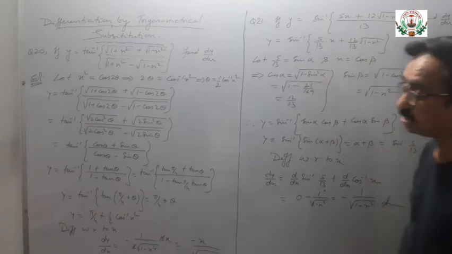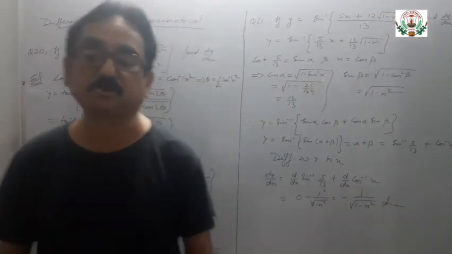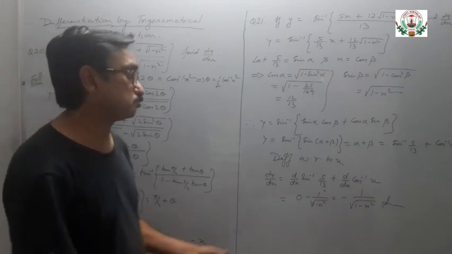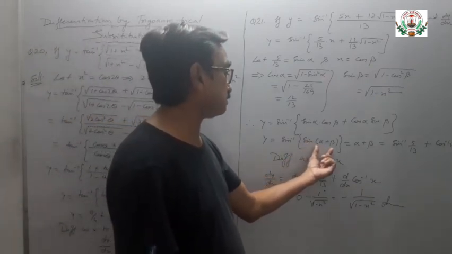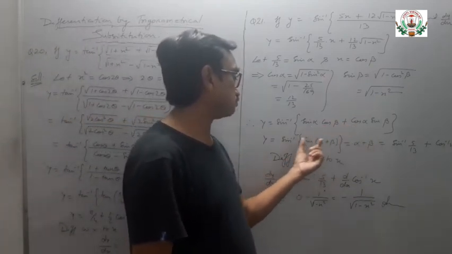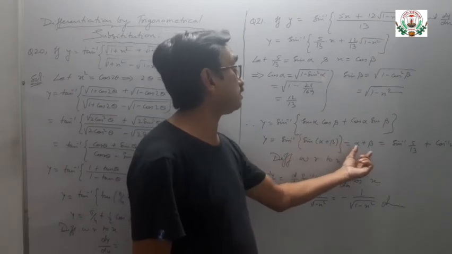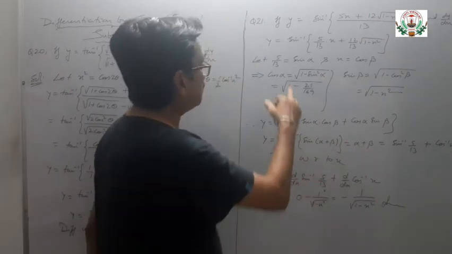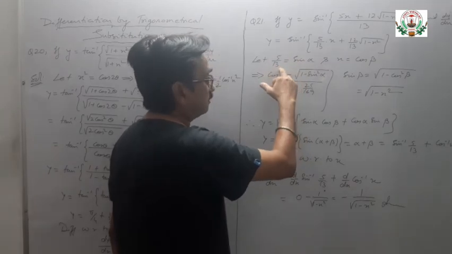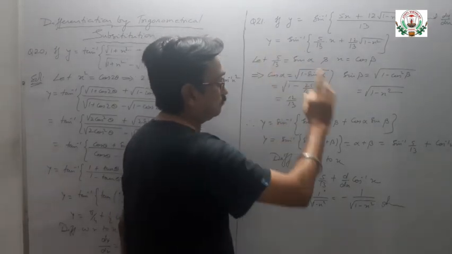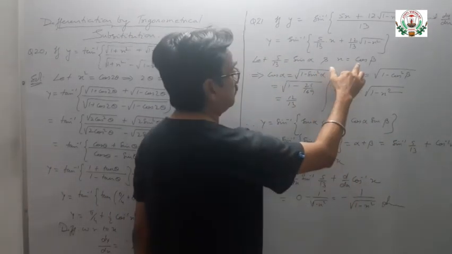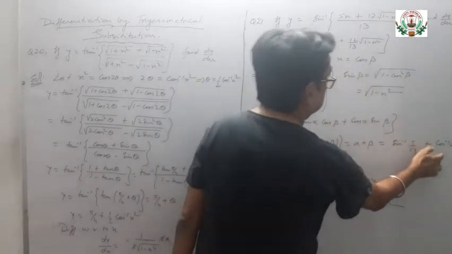So sin (a plus b) is equal to sin a cos b plus cos a sin b. So this becomes sin (alpha plus beta). So sin inverse of sin theta will be theta, that is alpha plus beta. If sin alpha is equal to 5 by 13, then alpha will be sin inverse of 5 by 13, and beta will be equal to cos inverse of x.